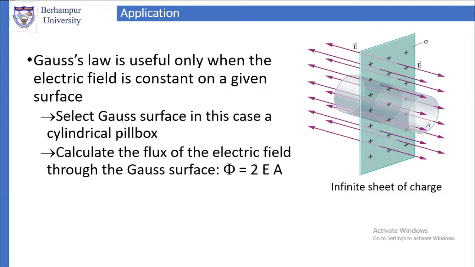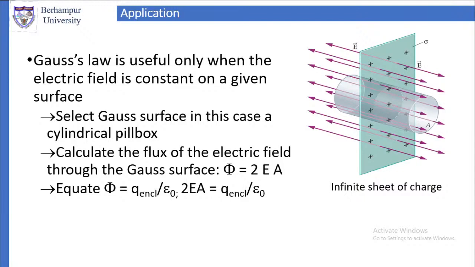Therefore, what is left is the two end faces of the cylindrical pillbox. Flux is E dot A, so on each face it will be E dot A. Now the electric field is normal to the face, so cos theta is equal to 0, therefore it will be EA.